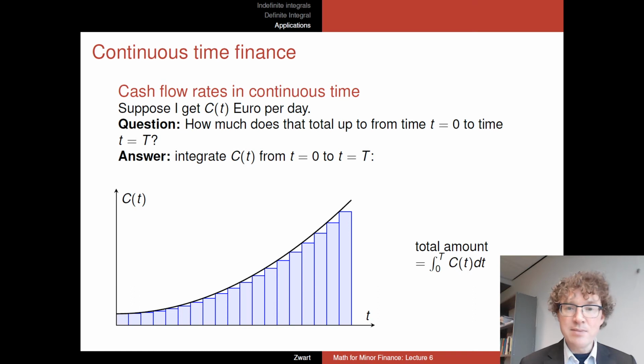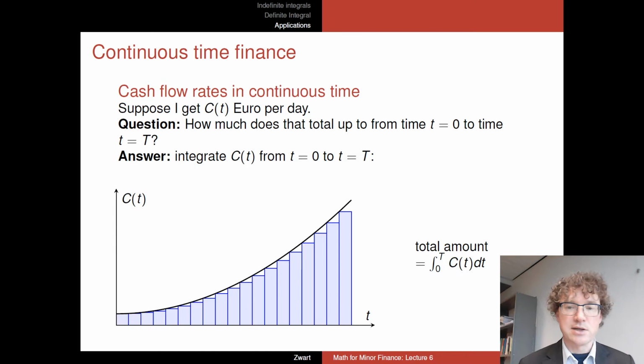So how can we measure the area below a graph? Well, that's why we introduced these definite integrals, right? The definite integral below this black line is precisely the area below that line. So if we're interested in this total amount, we can compute a fairly good approximation as the integral of our cash flow function C(t) over time.